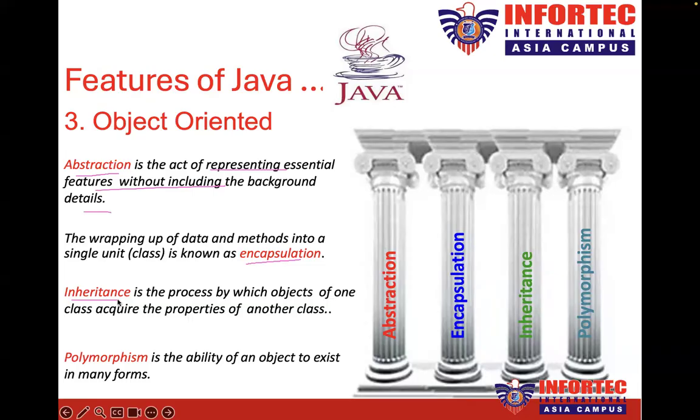We will practice these in future, and then you will realize what they are. Then we have polymorphism. Polymorphism is the ability of an object to exist in many forms. So these are the four object-oriented pillars.